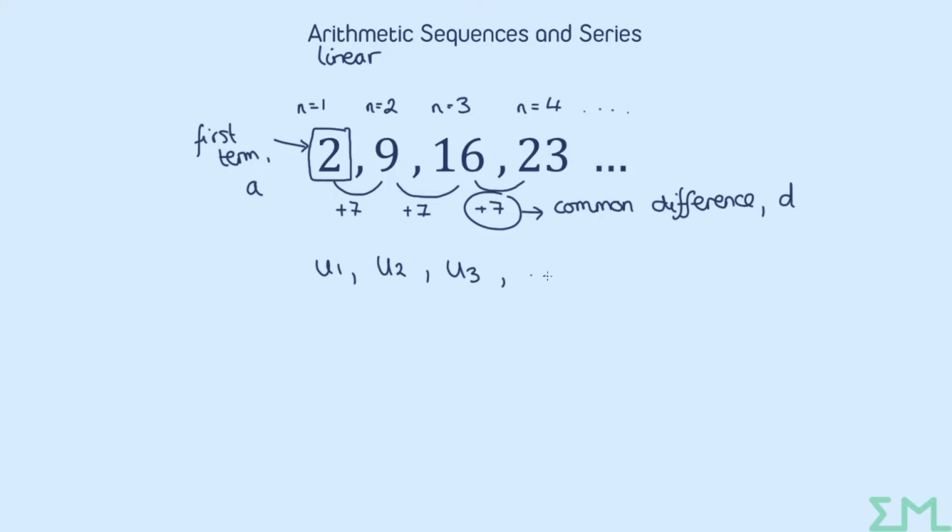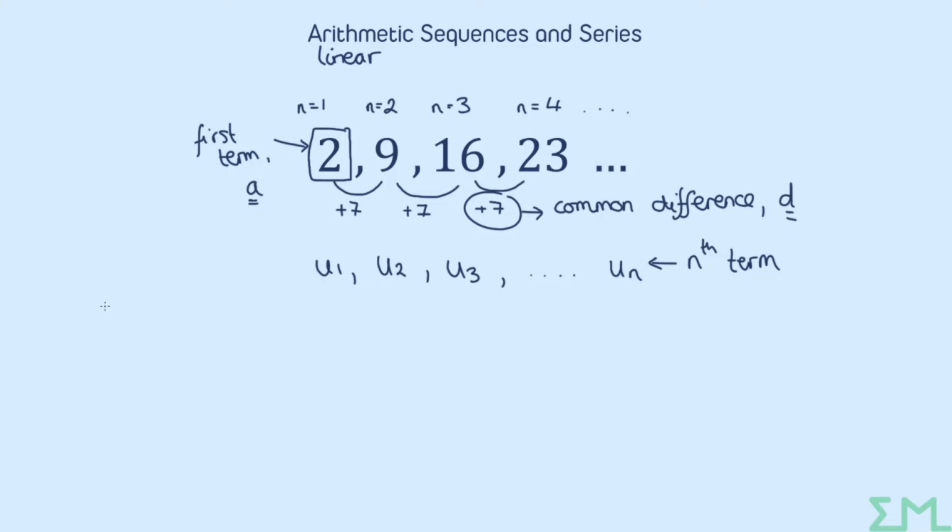So if we were to continue this on, we would eventually reach what we call un, which is known as the nth term. You will have been asked to find the nth term of linear or arithmetic sequences in the GCSE, so you may already know a way of doing this, but we do have a formula in the A-level that's based on the a and d values that we mentioned already. So let's have a think about what that formula is going to be.